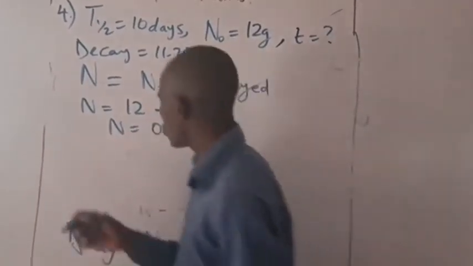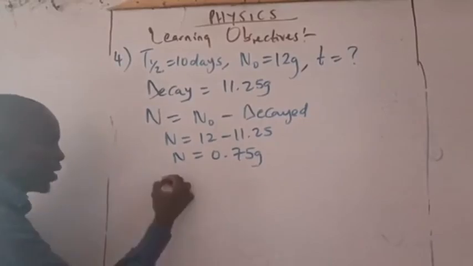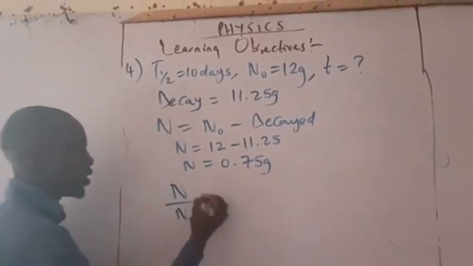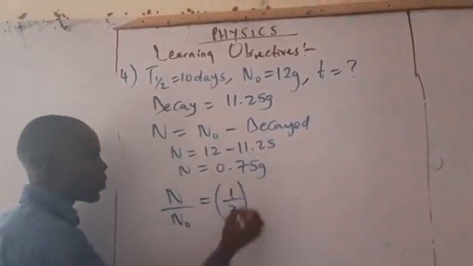So for us to do that, we are going to use the second formula. N over N0 equals 1 over 2 all raised to the power n.